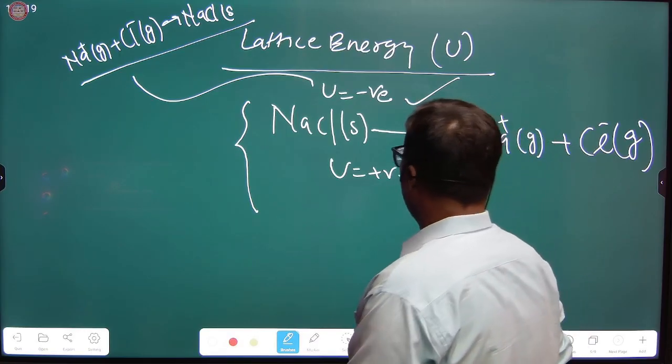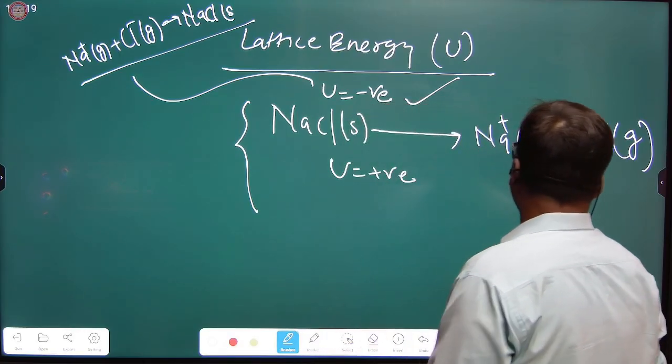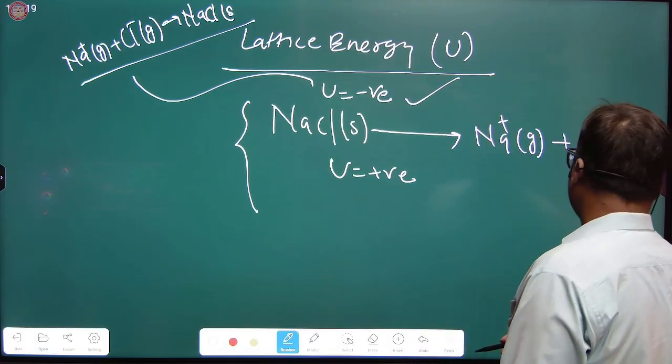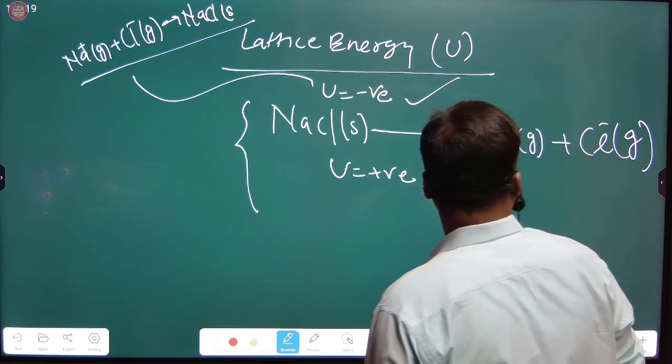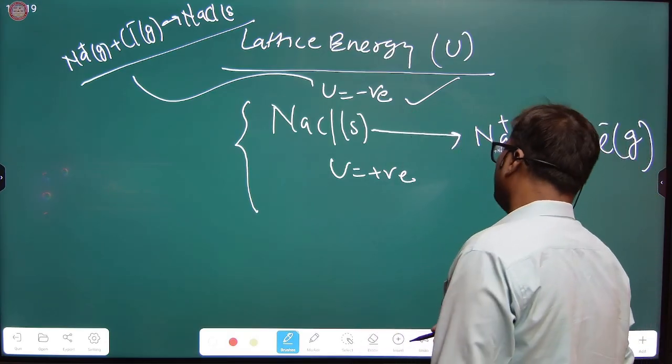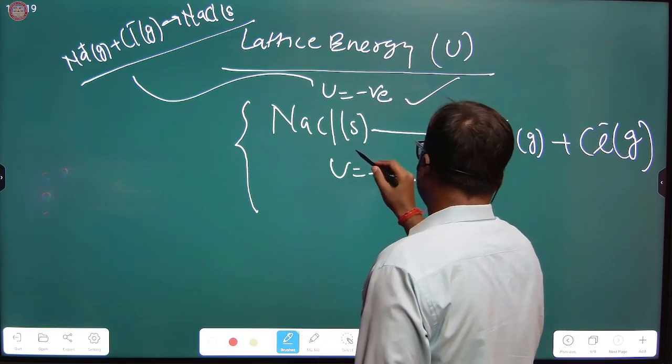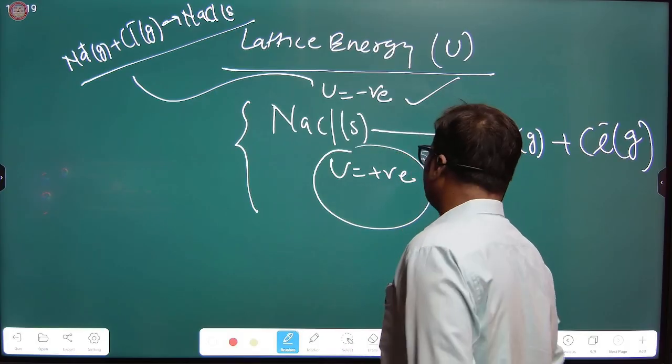And when the ionic solid is broken down into its constituent cations and anions in the gaseous state, external energy is required. So, lattice energy is positive, right?